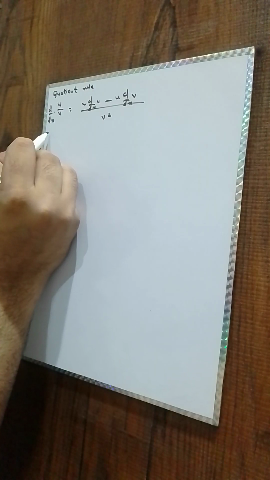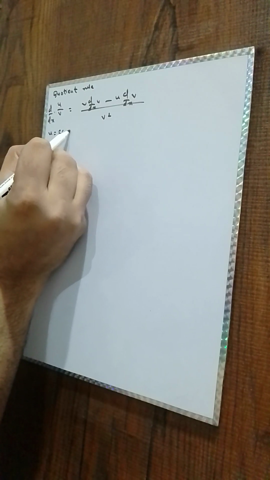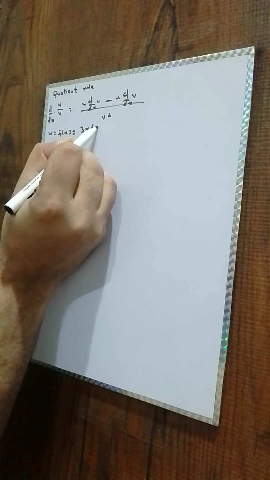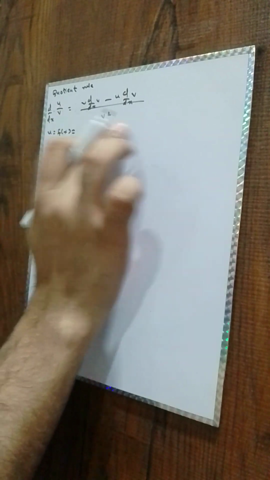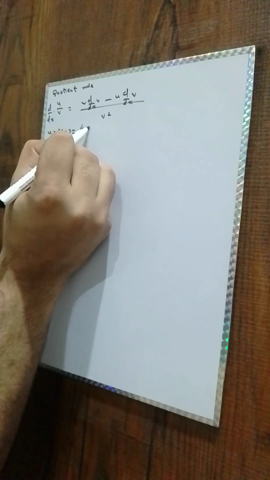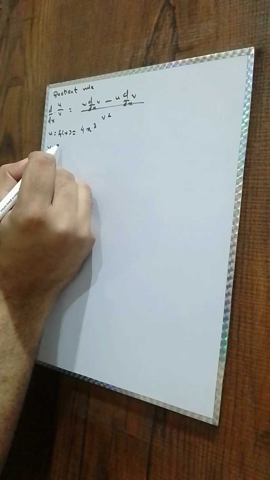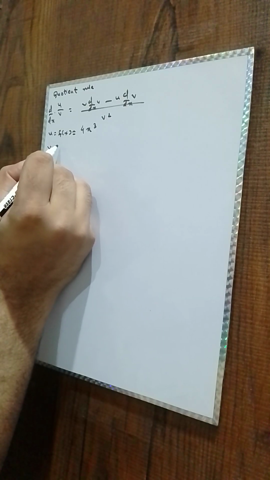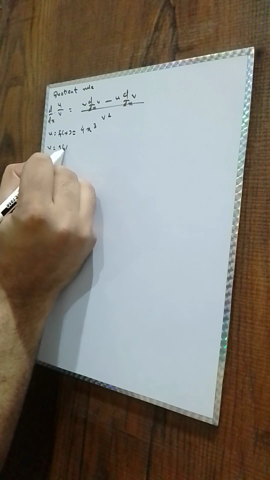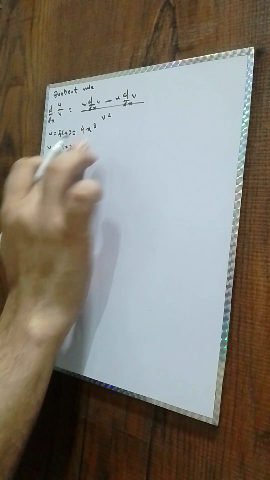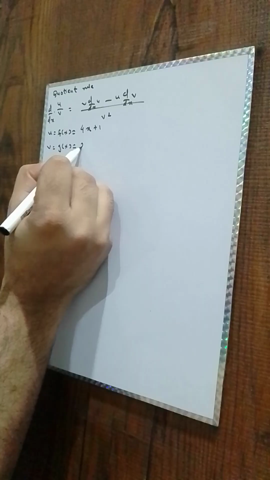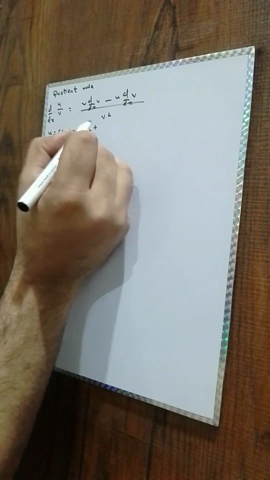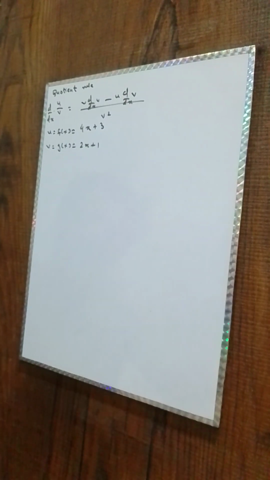Okay, this is the quotient rule, and let's say u is equal to f of x is equal to 4x plus 3, just keep the function simple, and v is equal to g of x is equal to 2x plus 1.